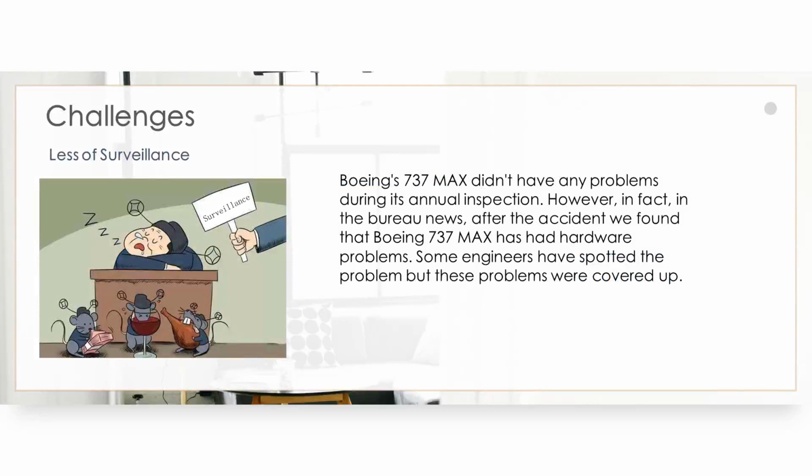The engineers saw these problems. They know that there is not enough oil to lubricate the equipment inside the plane, but no one fixed it because they think it's a small problem.